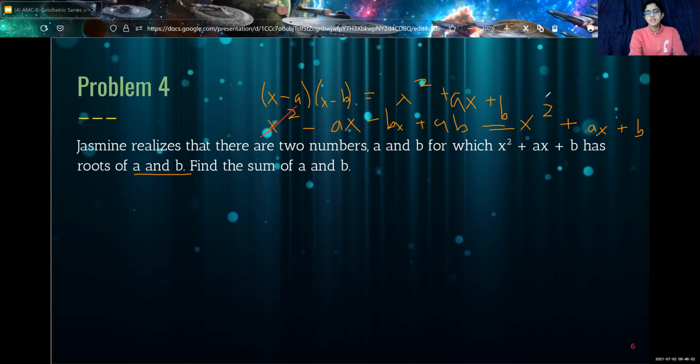So we cancel out the x squared, and we get minus a minus b multiplied by x, plus ab, is equal to ax plus b.